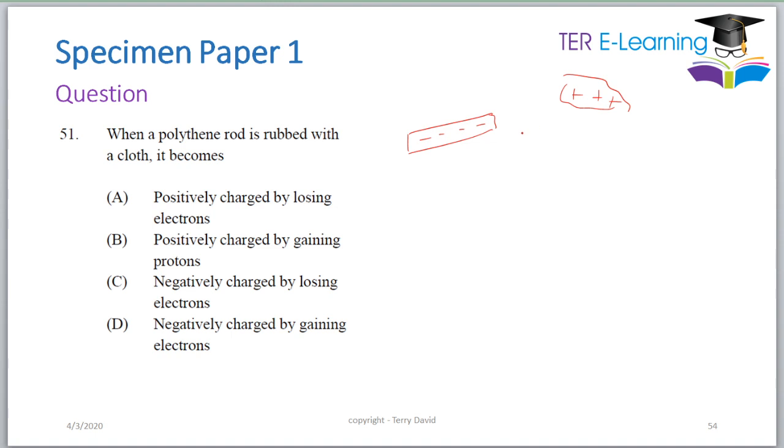Now, in that rubbing process, because this got a negative charge, it means that electrons are moving from the cloth to the rod. So the polythene rod becomes negatively charged. So the answer could be C or D. And it becomes negatively charged by gaining electrons, right? So the answer has to be D.